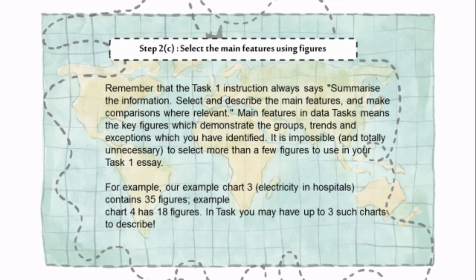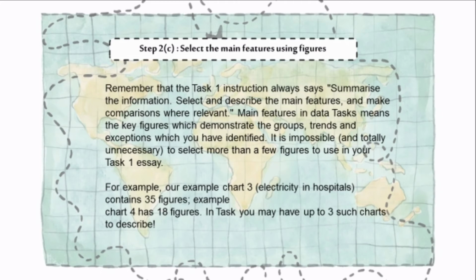Step 2, Part C. Select the main features using features. Remember that the task 1 instruction always says summarize the information, select and describe the main features, and make comparisons where relevant. Main features in data task means the key features which demonstrate the groups, trends, and exceptions which you have identified.